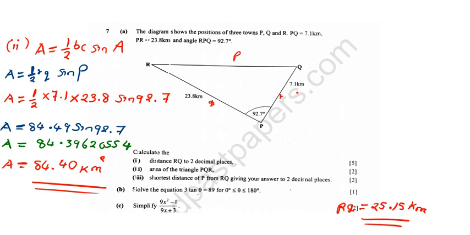In finding the shortest distance, we use the formula for area. You know that area is equal to half BH. In our case, our shortest distance will be from this peak going to RQ, which is our height. So let's make H the subject of the formula.